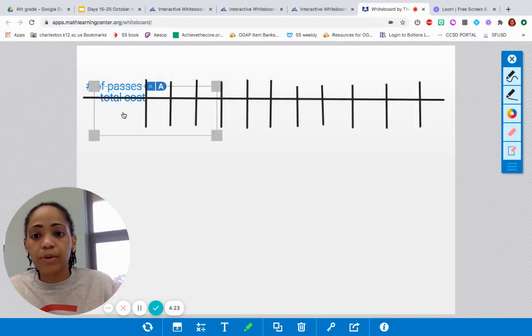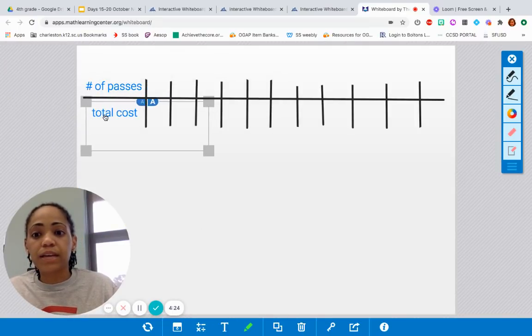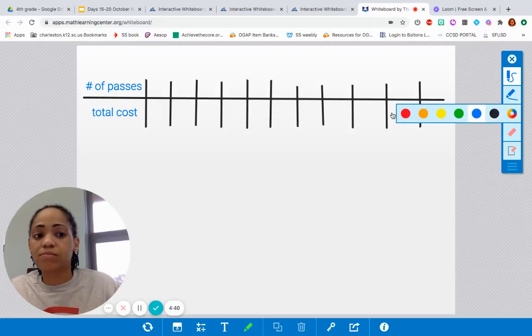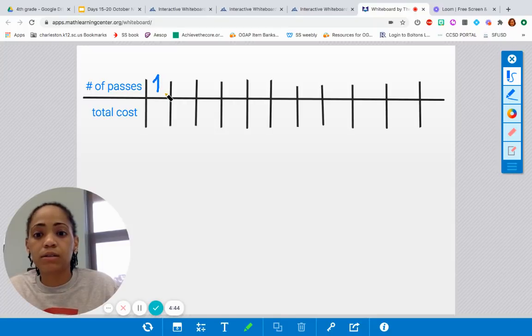And you may remember that I've told you when we are filling out our ratio table, we should always start with how much one costs. So I'm going to add 1 to my table. And I'm actually going to draw it in. Let's use blue.